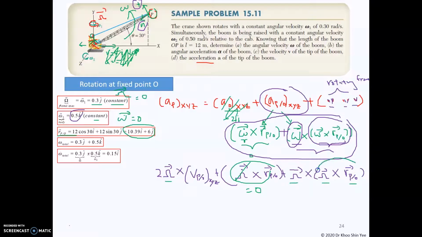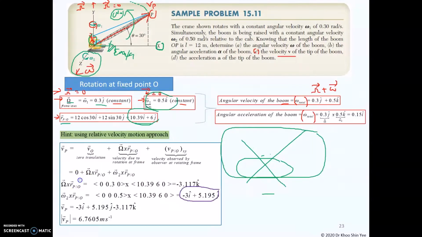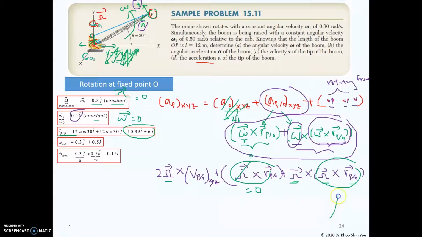This term you need to perform first. In fact, you have performed this component before, so you can just substitute this answer inside. After you substitute the answer from the velocity equation that you computed previously, you need to take the vector product between Ω and this component. Then you should be able to obtain this acceleration component.